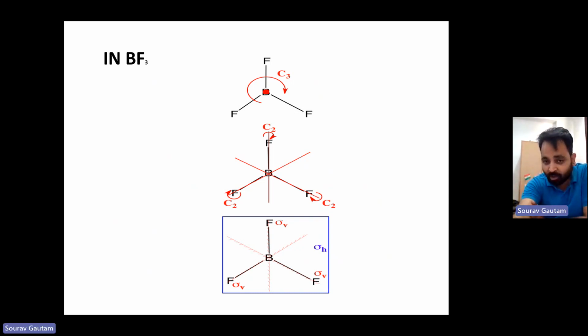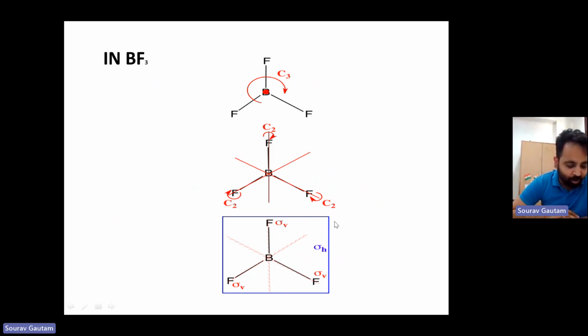Like in figure 2, देखो एक फ्लोरीन बोरॉन एटम, एक एक्सिस पकड़ो, एक रोटेशन क्या हो जाएगा, फर्स्ट ये वाला फ्लोरीन यहां चलाएगा और ये वाला इस तरफ आ जाएगा, और एक रोटेशन इससे फिर से देंगे तो ये अपनी आइडेंटिकल कॉन्फ़िगरेशन ले लेगा, आइडेंटिकल पोजीशन ले लेगा, सेम एज इट इज। सो 1C2 इज एट 1 पोजीशन, सेकंड पोजीशन सेम, एंड थर्ड पोजीशन। तो कितने सीट हो गए, 3। सो इन एडिशन ऑफ C3 देयर इज 3C2 which is perpendicular to the threefold symmetry axis passing through boron and each of the fluorine atoms.